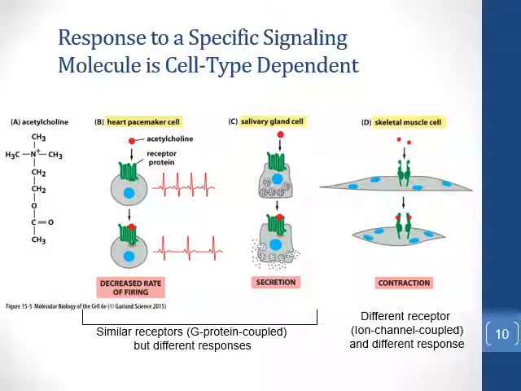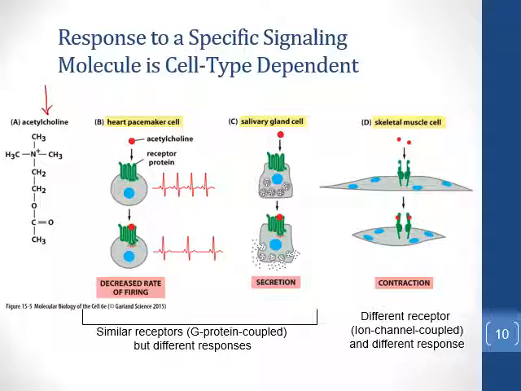So this slide shows another important aspect of these signaling pathways that we have to consider. If you look over on the left, you'll see a particular signaling molecule. In this case, it's acetylcholine. And if you look to the right, you'll see a heart pacemaker cell. So these are cells in the heart that determine the rate at which the heart contracts.